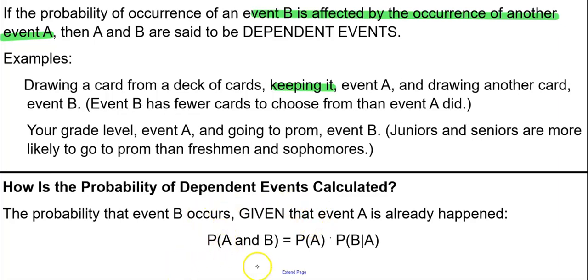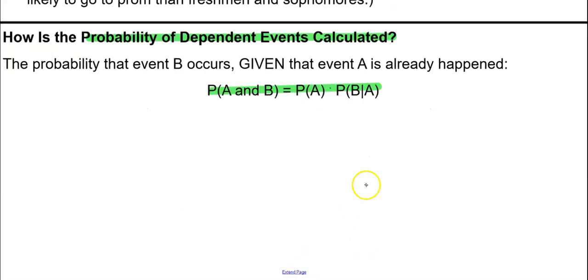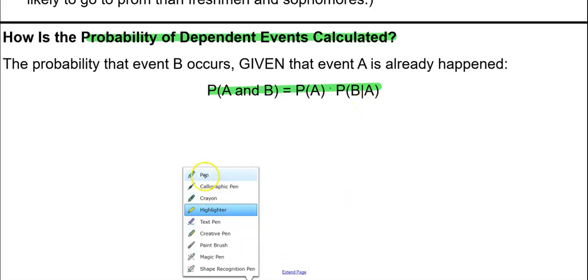How do I calculate this? By this formula right here. The probability of A and B is the probability of A times the probability of B given that A has already happened.